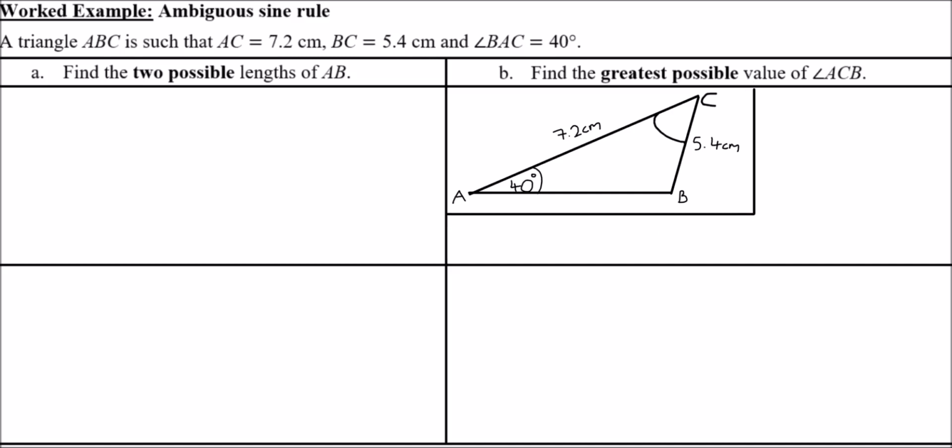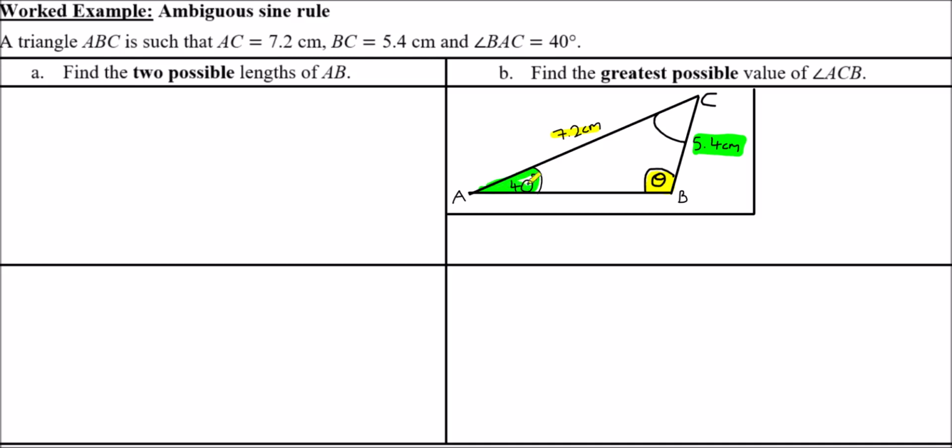So first of all, if I just call this one down here as theta, I'm not going to work this out directly because I don't know this angle and I don't know the side opposite to it. Whereas if I call this angle here theta, then I know the side opposite to it, and as well as that I know 5.4, and the angle that's opposite to, which is 40.